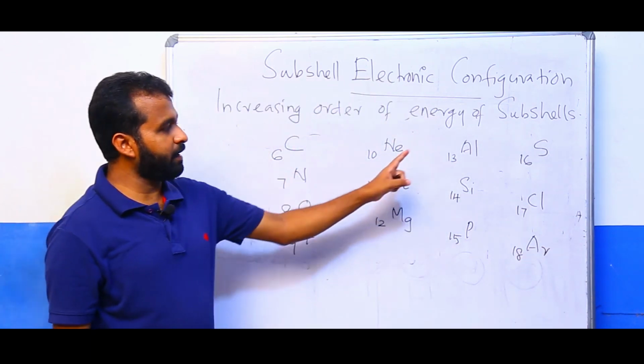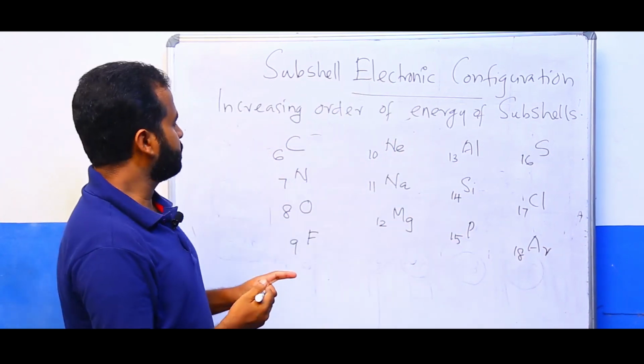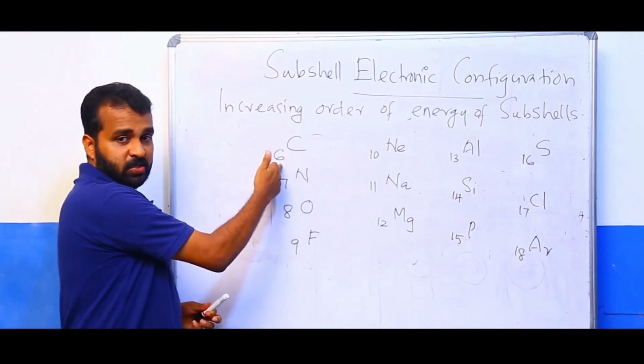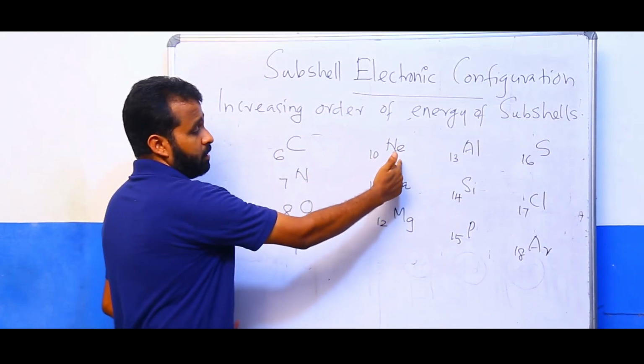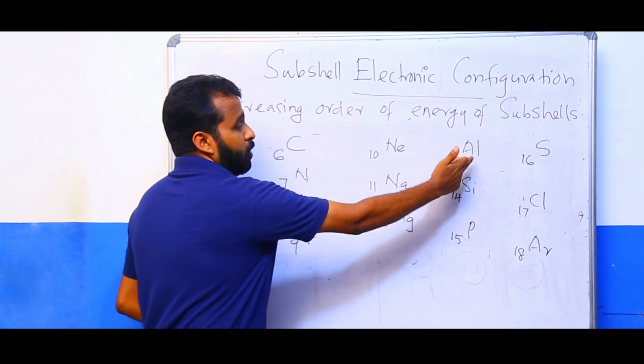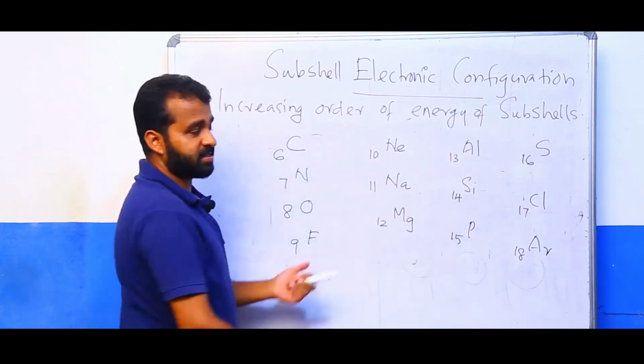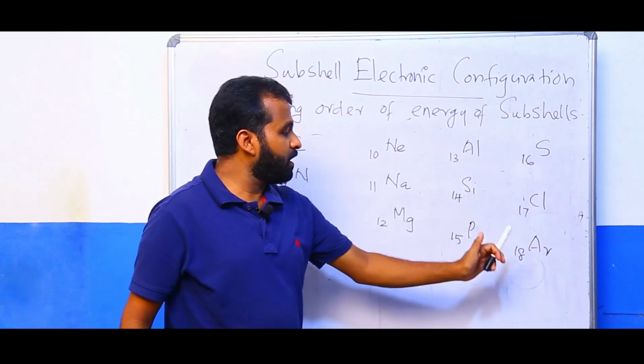Write the subshell electronic configuration of these elements. Carbon has atomic number 6, then nitrogen, oxygen, fluorine, neon, sodium, magnesium, aluminium, silicon, phosphorus, sulfur, chlorine, argon.